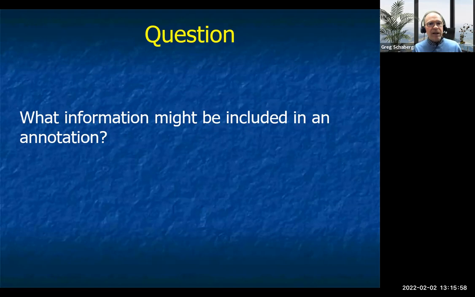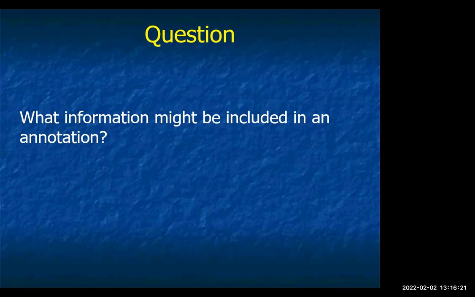How does it support or contradict other studies that you've read out there? Remember, this is for you. This is to help you remember what you researched and write the literature review. And in the literature review, you're going to be comparing and contrasting the literature. So you want to have information in your annotations that will actually help you do that.